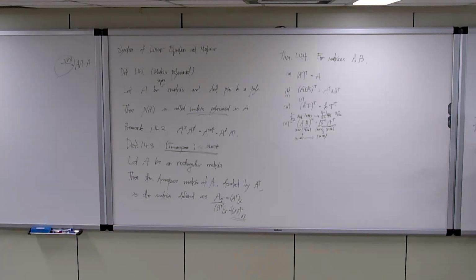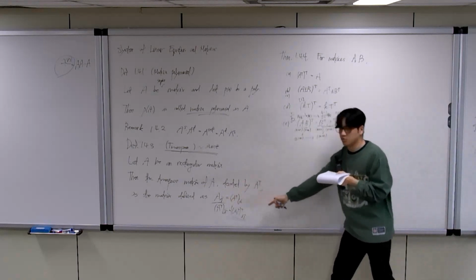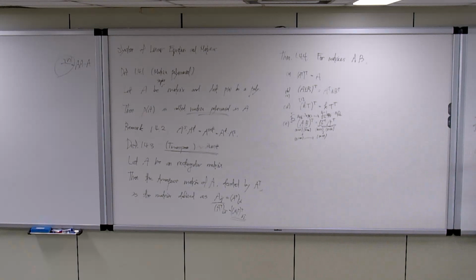Because we define the transpose by changing the entries ij to ji, its entries will be written b_kj and a_ji.